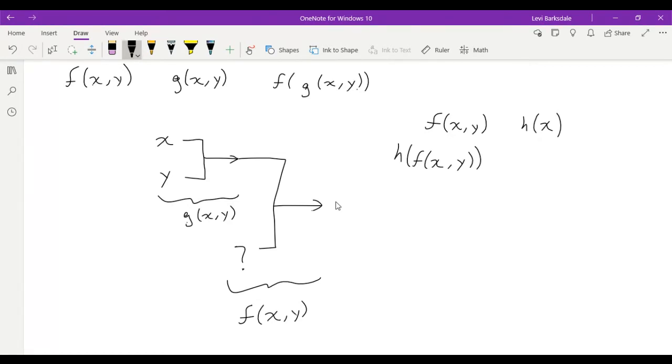So you would take in two variables, x and y, perform your f operation on them, get one variable as output. Then you would take that one output and use it as the one input for h.